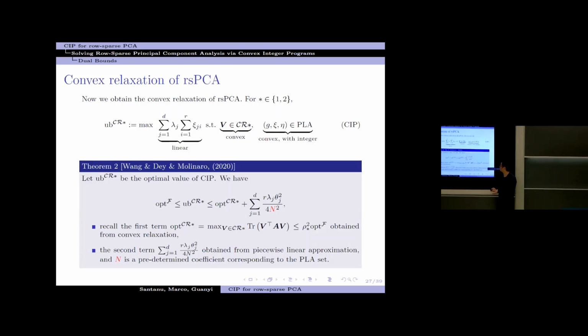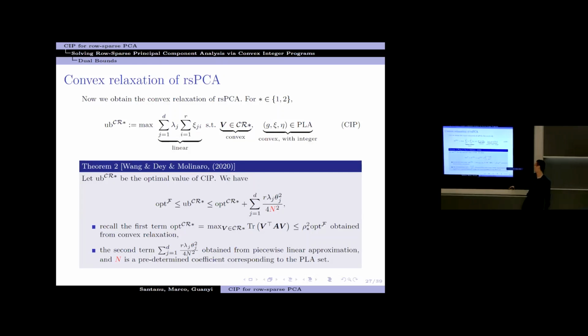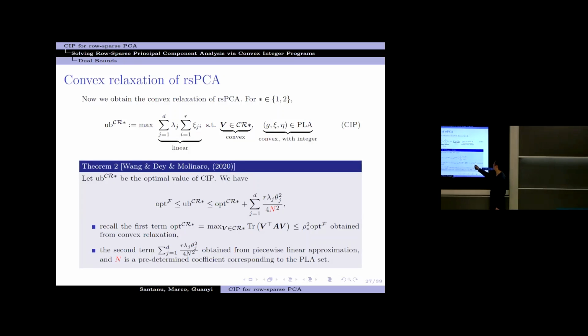So now it goes to our second theoretical result. It says that if we do this kind of convex relaxation, then the original optimal value is upper bounded by the optimal value of the convex relaxation, which is trivial, and also upper bounded by this guy. The first term, the convex relaxation of this problem, as we show, is upper bounded by some approximation ratio times the optimal value of the original sparse PCA problem, plus some additive term.